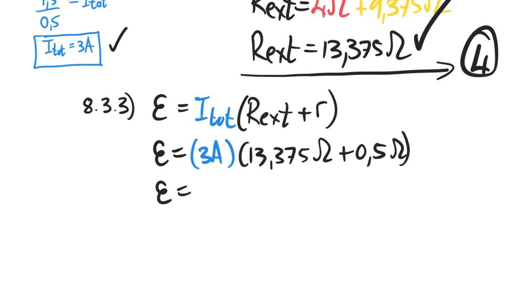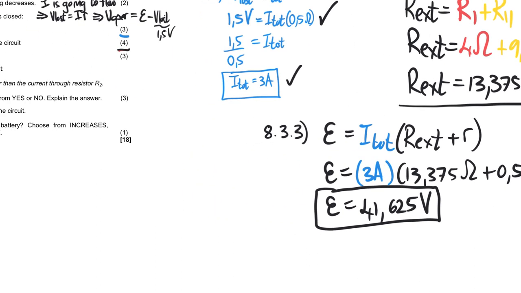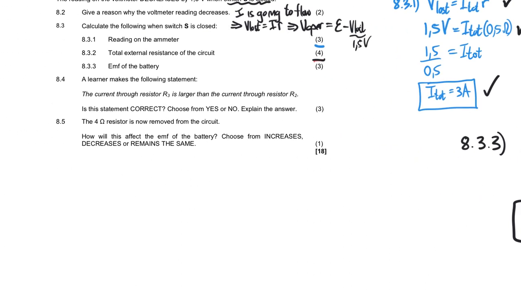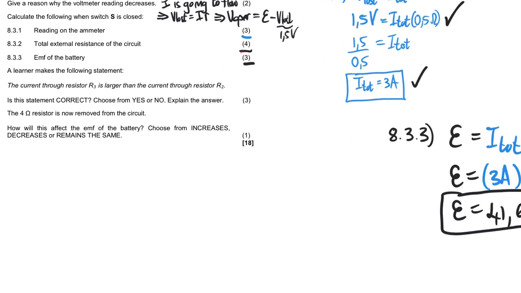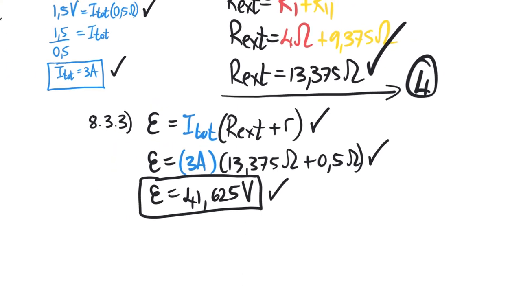We multiply that by the total current, which is 3 amperes, and we get an answer of 41,625 volts for the EMF of that battery. So now looking at the mark allocation, we see that that was for 3 marks. So I would assume that it is 1 mark for the formula, 1 mark for the substitution, and 1 mark for the correct answer with the correct unit.